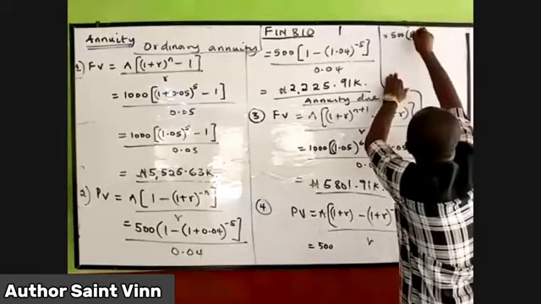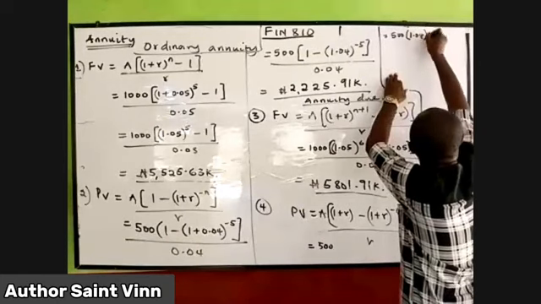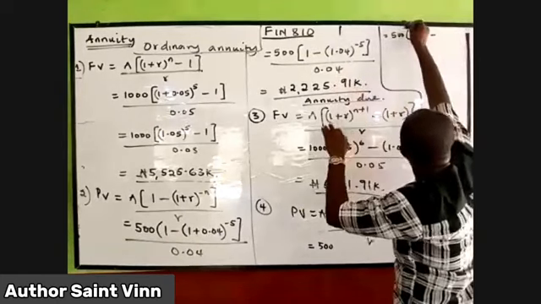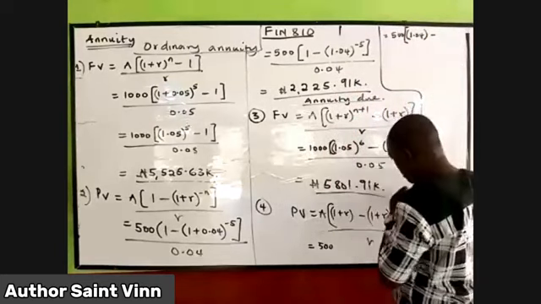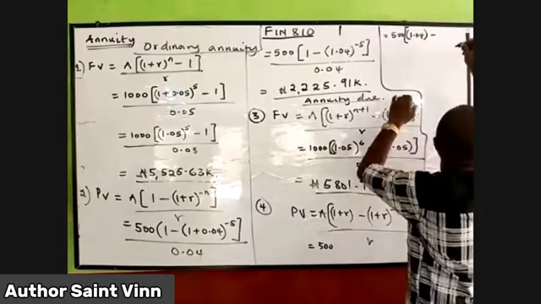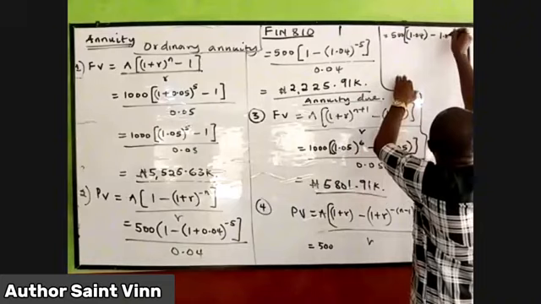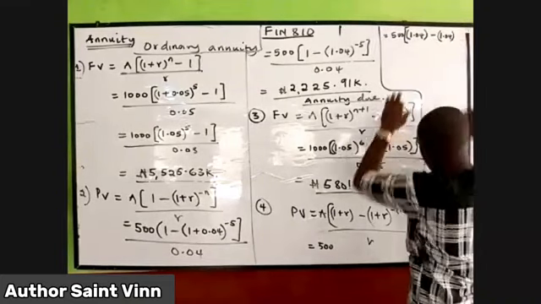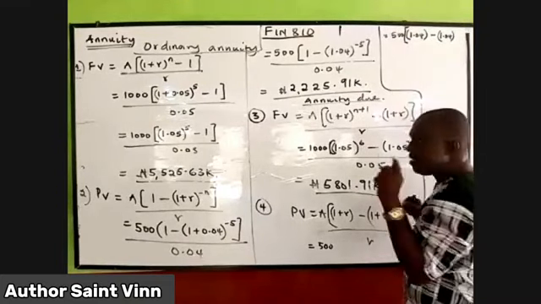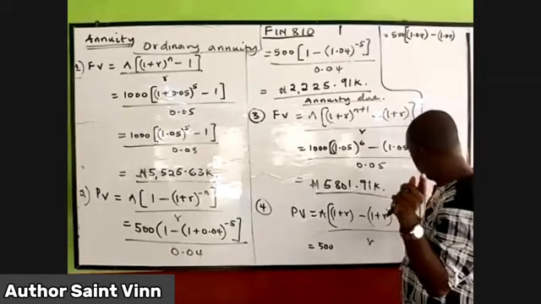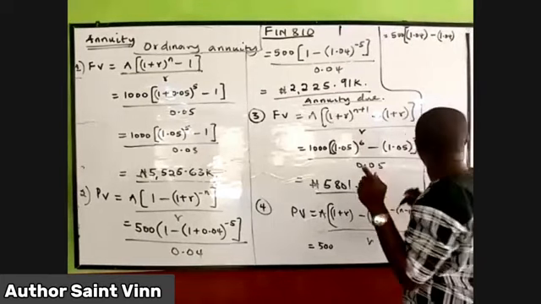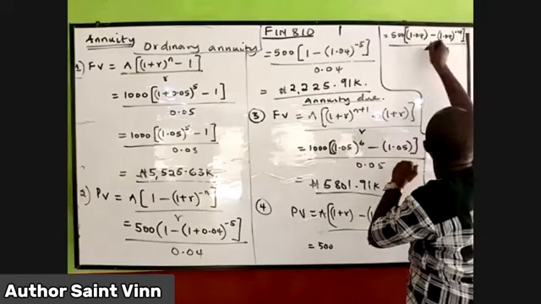into 1.04 minus 1.04 raised to the power of minus n. N is 5 years, so 5 minus 1, that will be minus 4. All over.